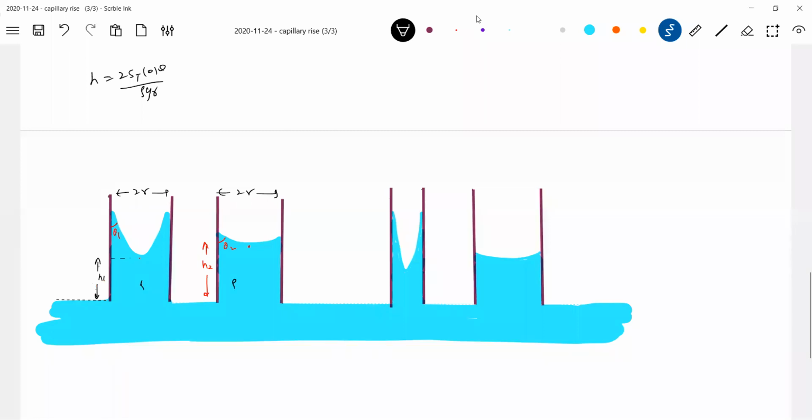So if theta changes, then H has to change. Therefore, what is the equation I can write now? H1 by cos theta 1 equal to H2 by cos theta 2. Now if theta 2 is greater than theta 1, as the cos value decreases, what do you expect?